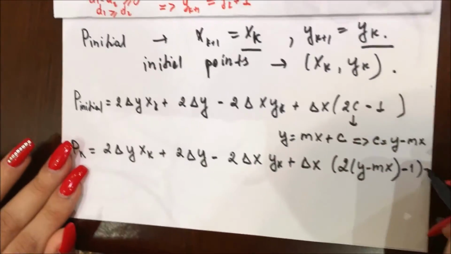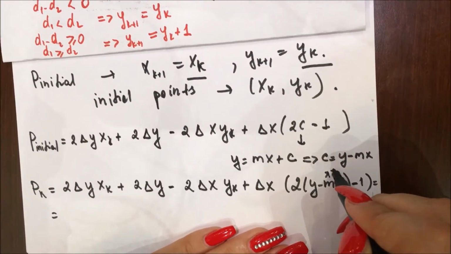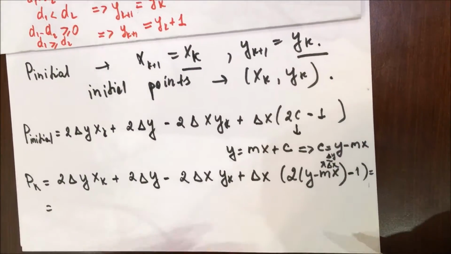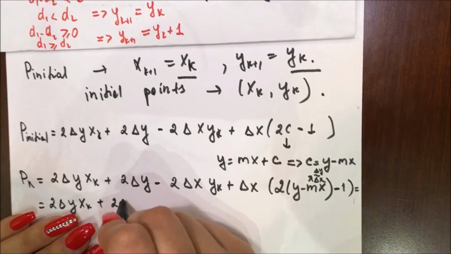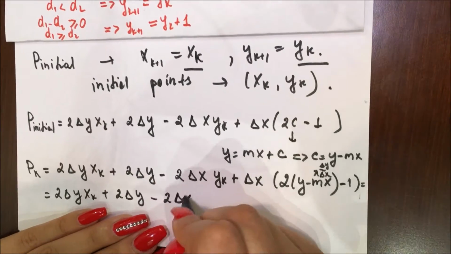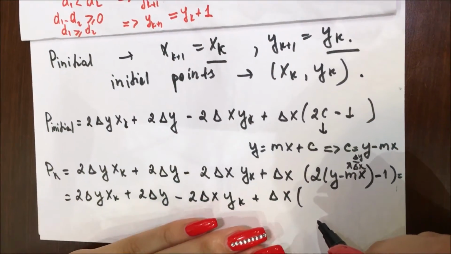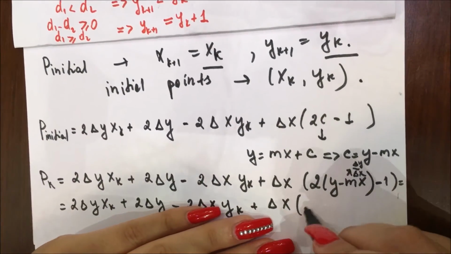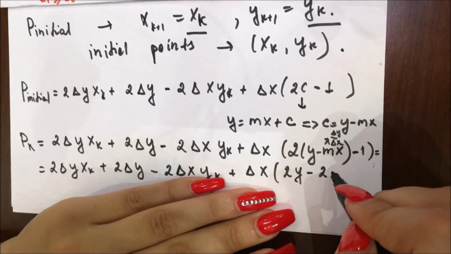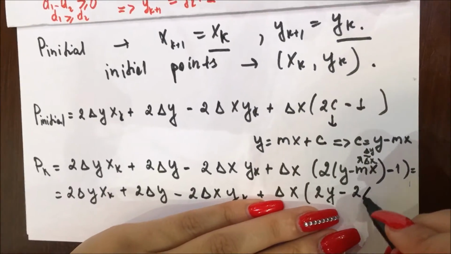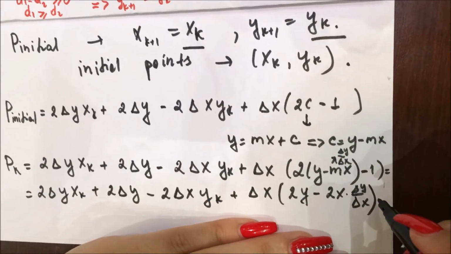Here we will replace m with delta y divided by delta x, and pk equals 2 delta y xk plus 2 delta y minus 2 delta x yk plus delta x times (2y minus 2x delta y divided by delta x).